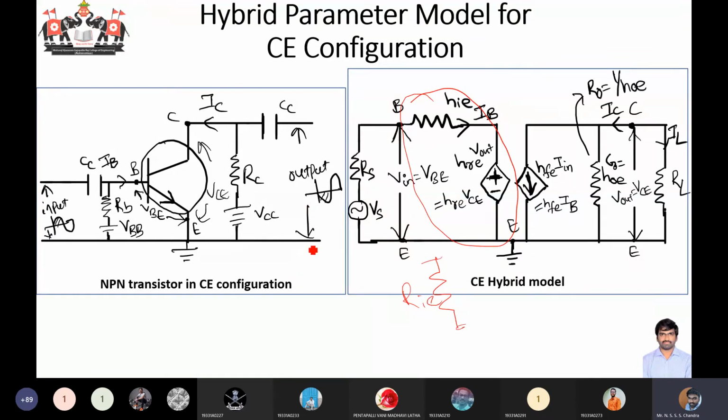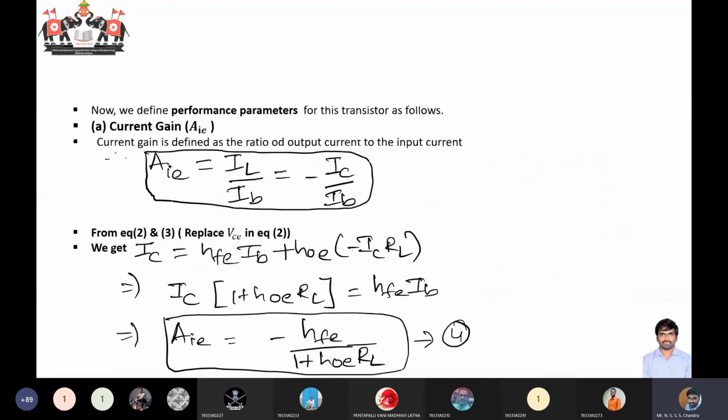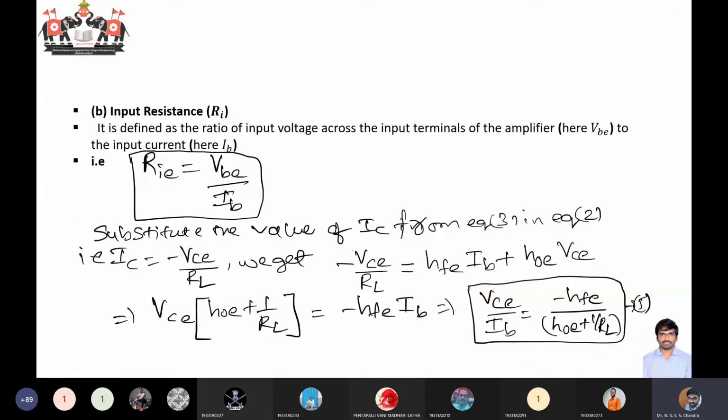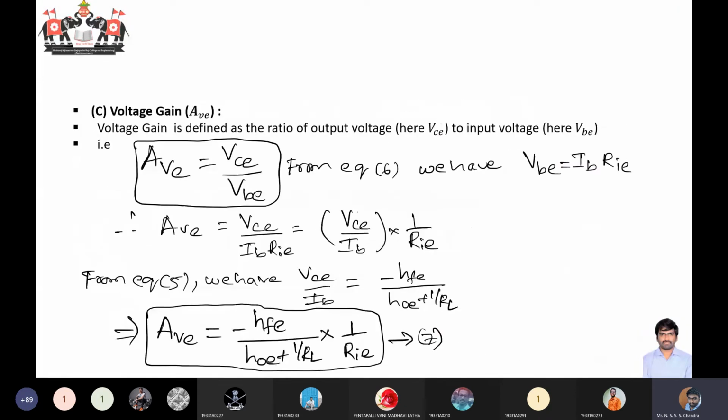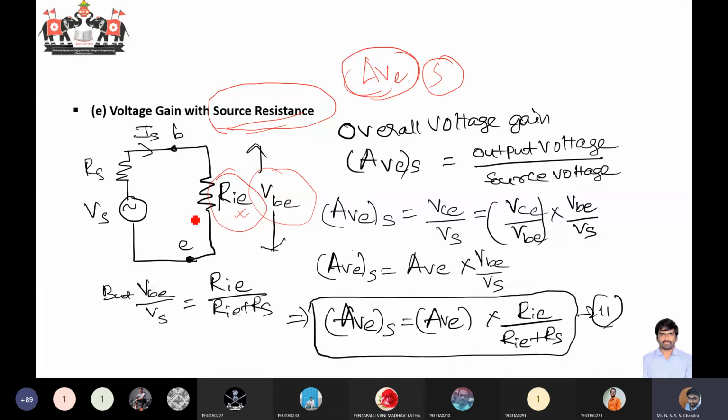The relationship between RIE and HIE, all these things we have already derived, replacing this portion of the circuit by a simple RIE.